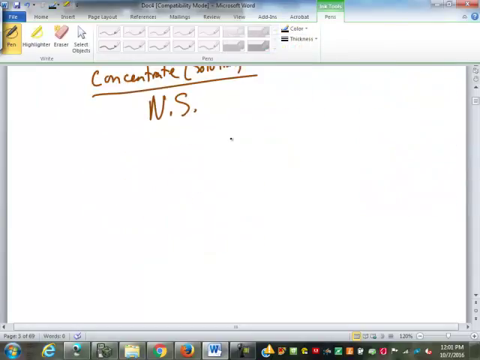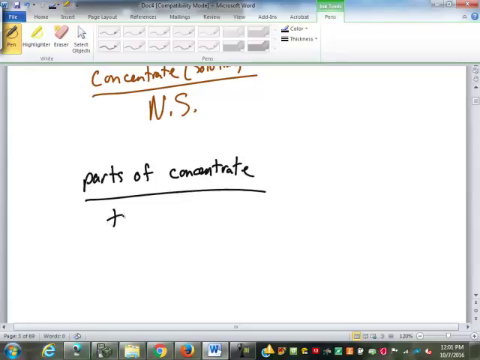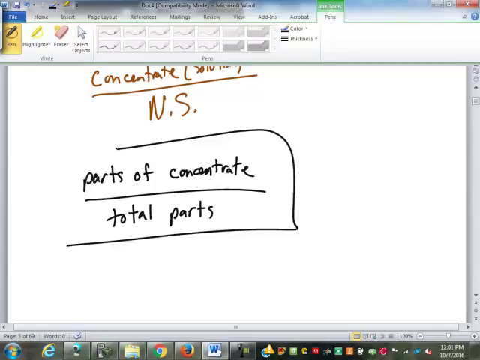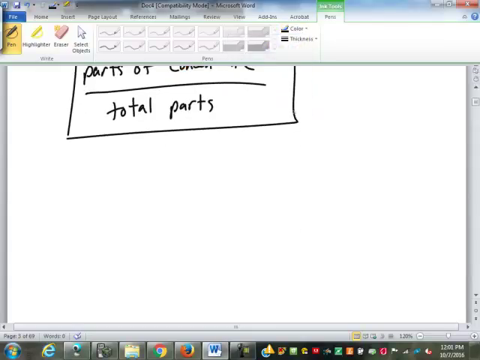So the dilution is literally that. It is parts of the concentrate, but it's not to our parts of fluid, it is to total parts. So if I have a 1 in 5 dilution, it's a 1 out of 5 ratio.